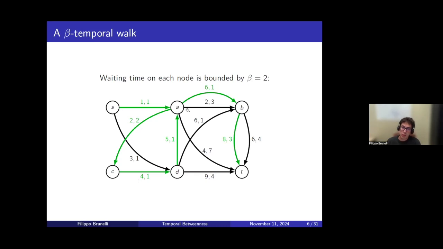And then from D, we go back to A at time 6. And then we leave A at time 6 to reach D at time 7 and the target T at time 11, 8 plus 3. So in this case, the waiting constraint is satisfied on each intermediate node, and we are passing through A 2 times. So this is a beta temporal walk.